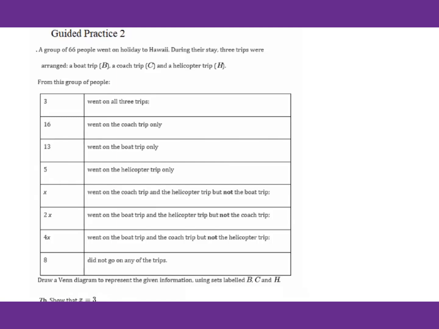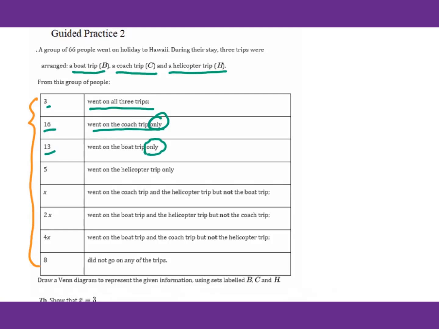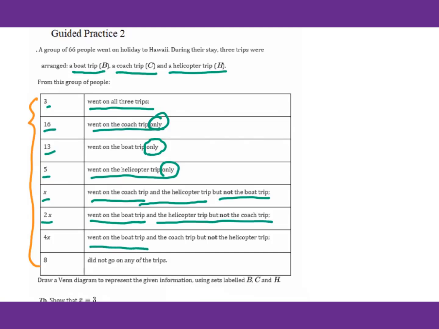During their stay, 3 trips were arranged: a boat trip B, a coach trip C, and a helicopter trip H. This is the given information for the trips. 3 people went on all 3 trips. 16 went on the coach trip only. 13 went on the boat trip only. 5 went on the helicopter trip only. x went on the coach trip and helicopter trip, but not the boat trip. 2x went on the boat trip and helicopter trip, but not the coach trip. 4x went on the boat trip and coach trip, but not the helicopter trip. 8 didn't go on any of the trips.